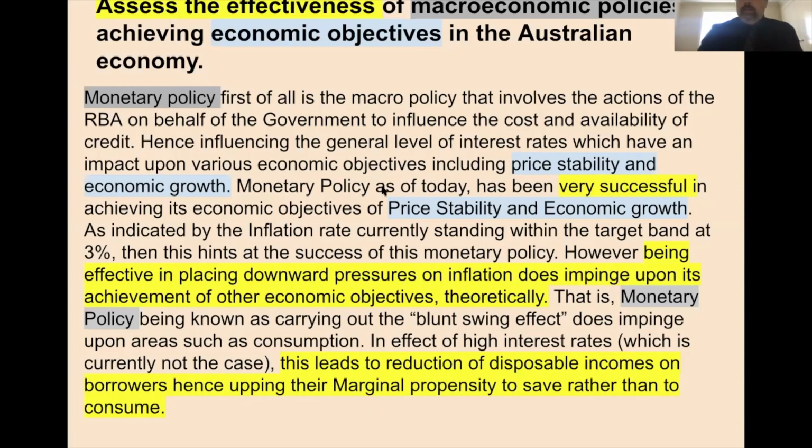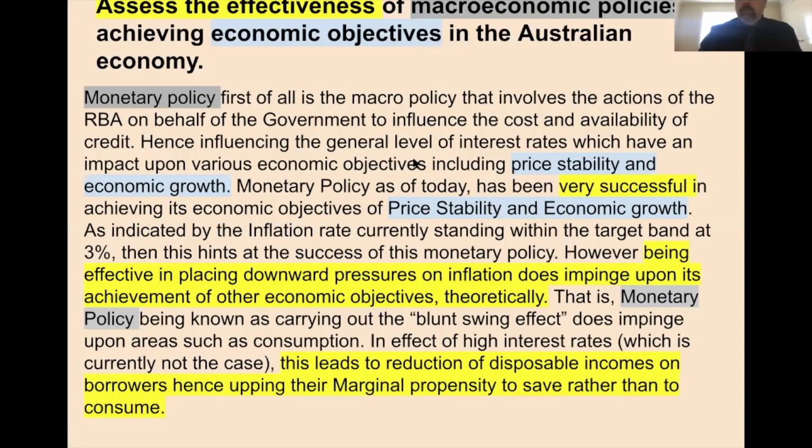Notice the next sentence, that it has been very successful in achieving price stability and economic growth. Interesting to see that we've got a conflict of stability and growth. Usually growth goes up and inflation also rises. But early on in the paragraph, you're actually making a judgment.